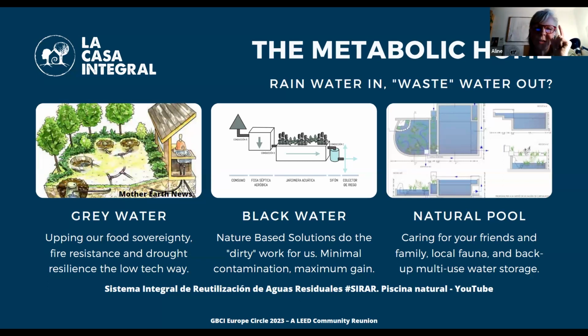But if we want to work with nature and work with people's habits, and if they really want to have their swimming pool, then at least have a natural swimming pool so that we can have biodiversity created around this water body in your home. So all of these components of our home design will help restore the hydrological cycle that we are just a fractal of.